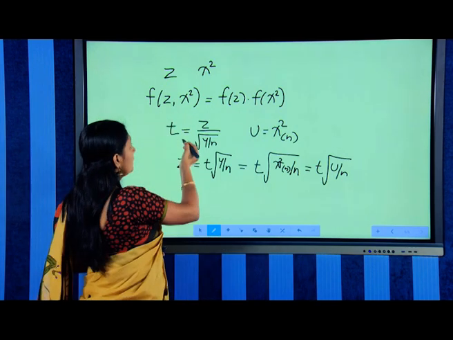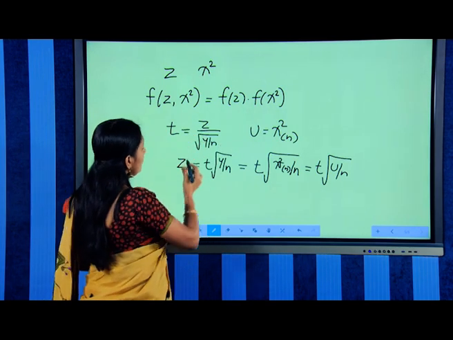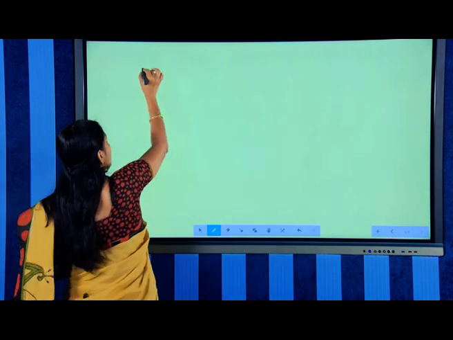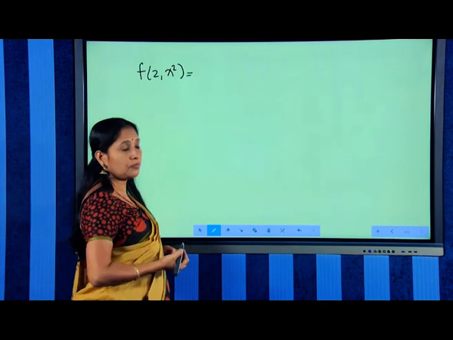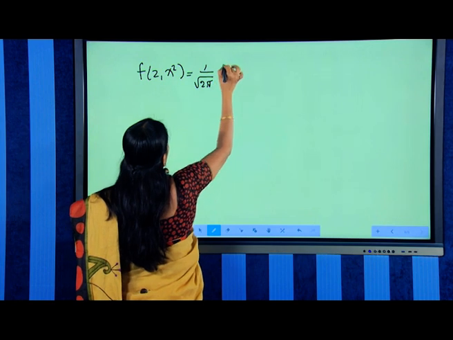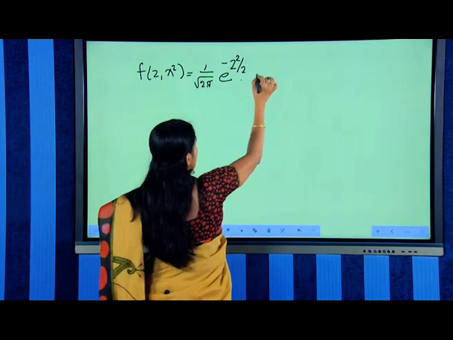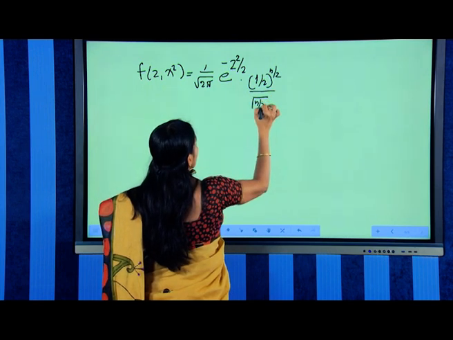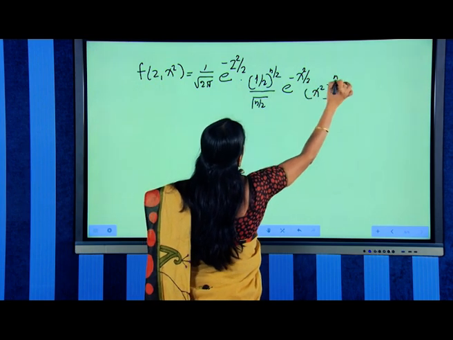Now, since we have transformed z and chi-square to t and u, we have to write the density f(z, chi-square) in terms of t and u. So, f(z, chi-square) is equal to f(z) into f(chi-square), that is 1 by root 2 pi e raised to minus z square by 2, into the density of chi-square, that is 1 by 2 to the power n by 2 divided by gamma n by 2, e raised to minus chi-square by 2, chi-square raised to n by 2 minus 1.